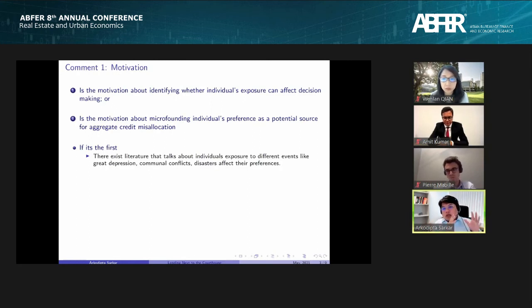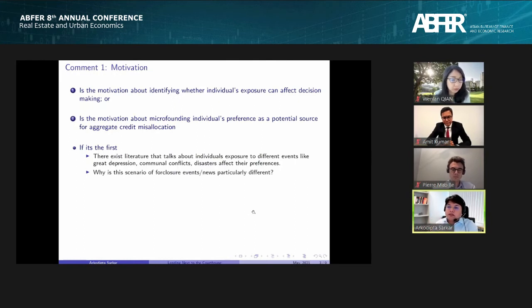So this has been done not only in household scenarios, but there are papers that have talked about some kind of exposures that affect individual preferences in a lending scenario as well. Now the point is then, why is this scenario of foreclosure events or news particularly different? What is the salience of this particular event that we should care about while studying the impact that it might have on preference formation or belief formation?